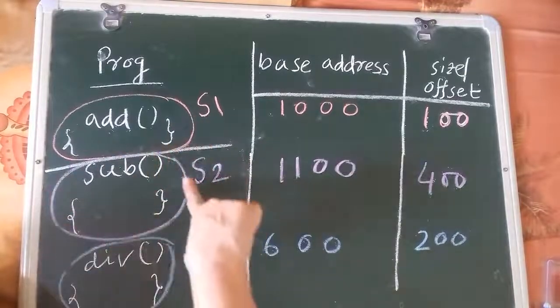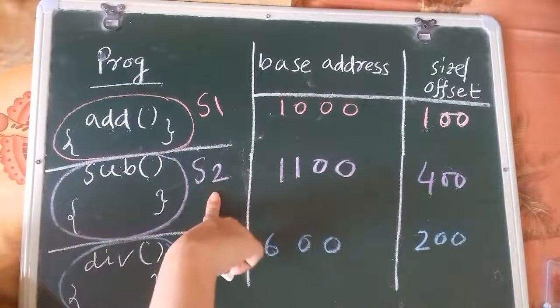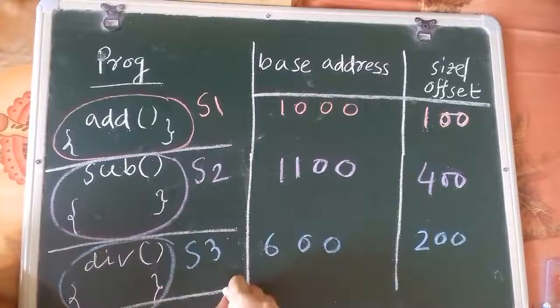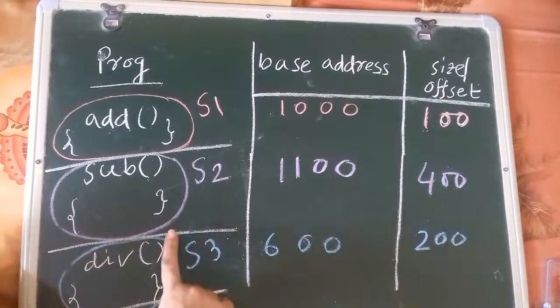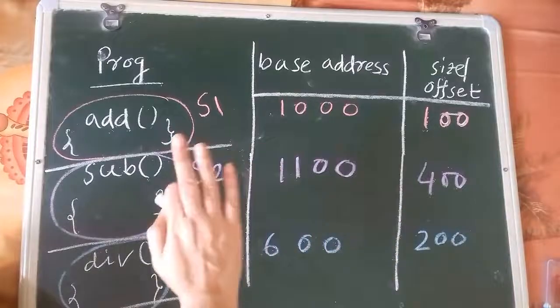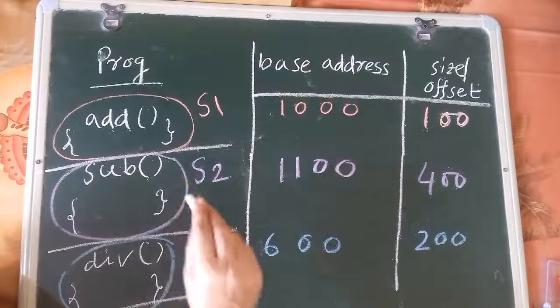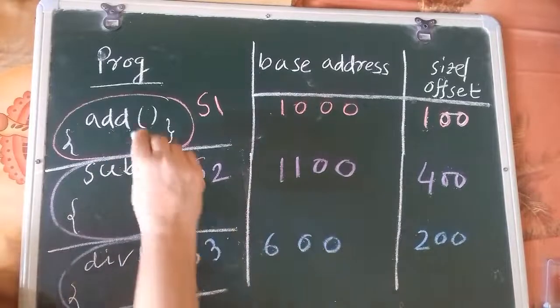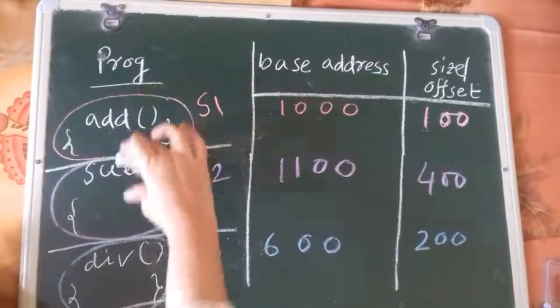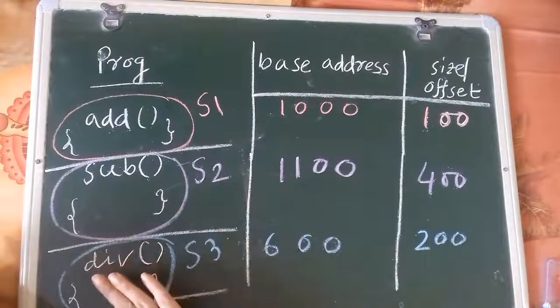Subtraction, the total subtraction we will take together and divide as segment 2. The division portion we will take together and divide as segment 3. Now instead of page-wise division, where I might have divided addition also into 2 parts, here logically, one functionality we have given in one module without considering the size of the module.